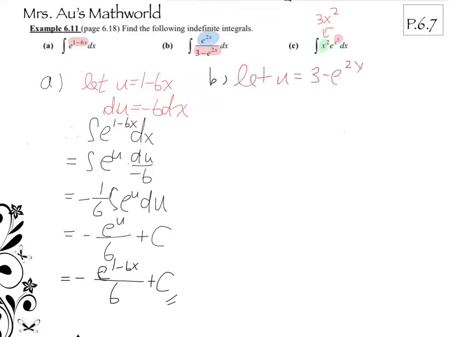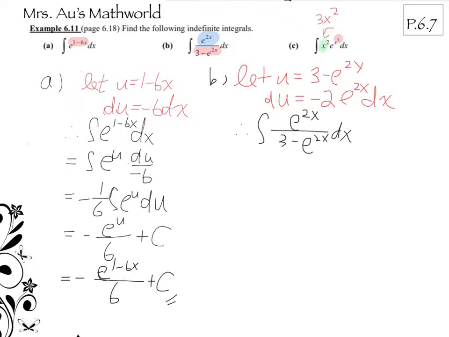So for b, you let u, so differentiate and you get this thing. So substitute it inside. Please check carefully. So this is 2x dx, e to the power 2x dx. And when you substitute this one, it becomes du divided by negative 2.